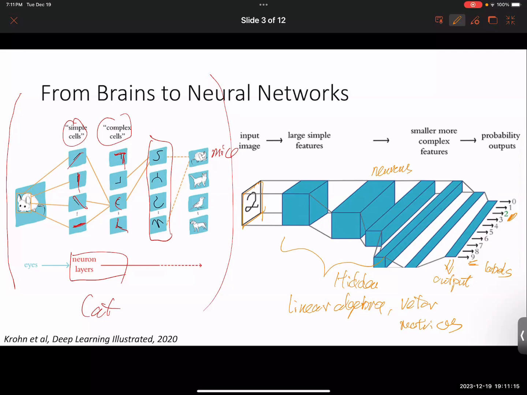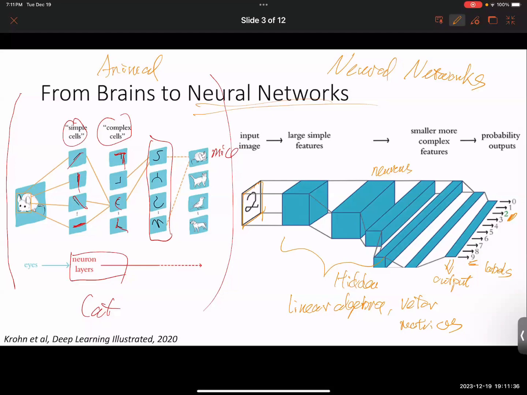So on the left is the animal brain, and on the right is what we call the neural network. That's the basic concept of how the artificial neural network works nowadays.